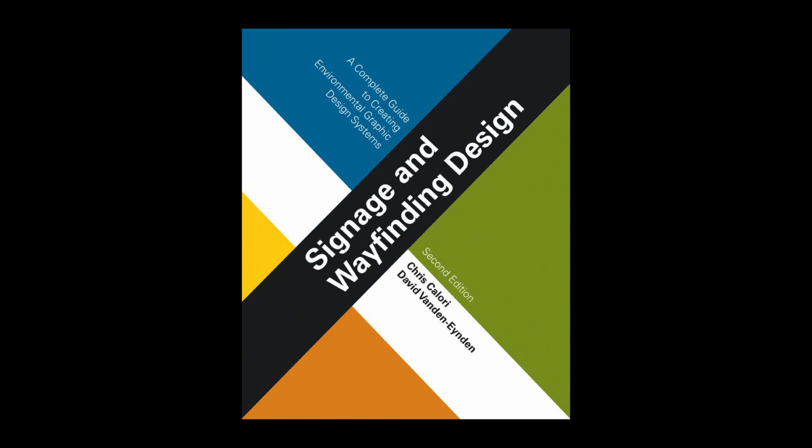You have a client who has engaged your services to solve a signage problem, and that client and that problem come with a whole range of parameters and constraints that you need to know about before you put pencil to paper or mouse to mouse pad and begin to synthesize an effective design solution.